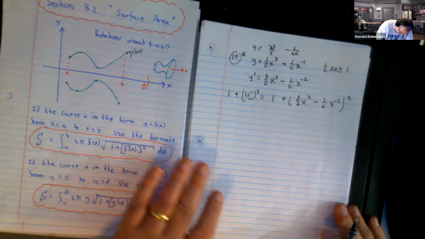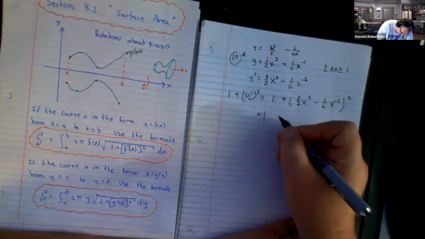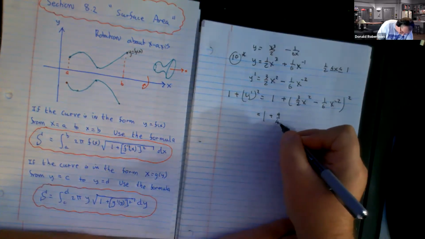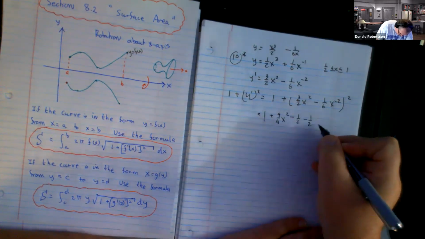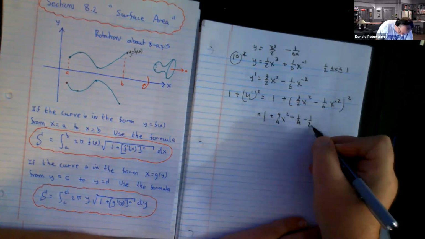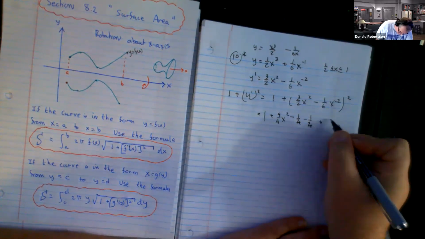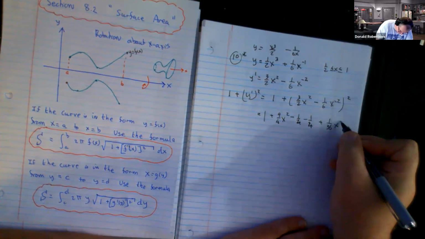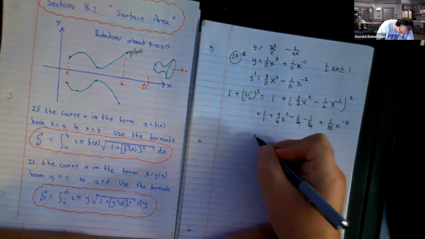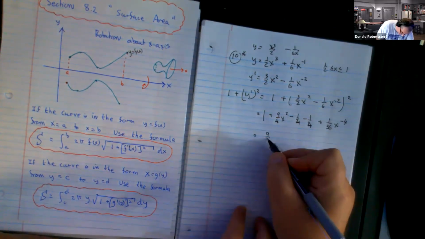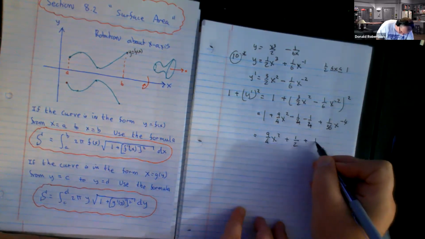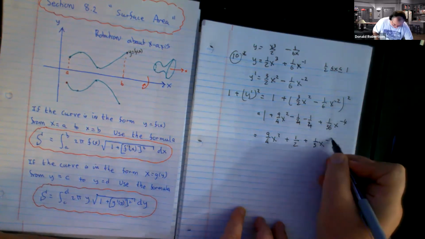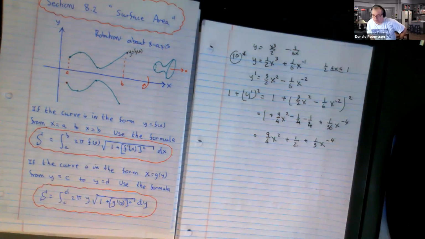And you're going to trust me on this, but if you FOIL this out, you get 9/4 x squared, take away a half, take away a half, oops, sorry, take away a quarter, take away a quarter, plus 1/36 x to the -4. And now we get that guy. So far, so good.